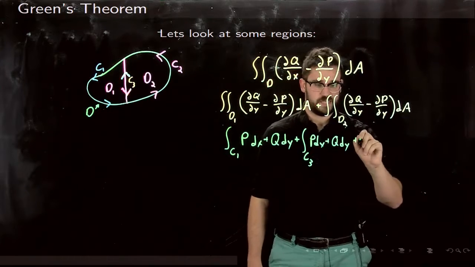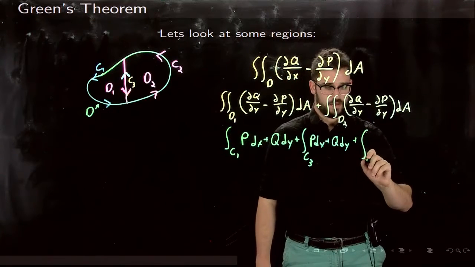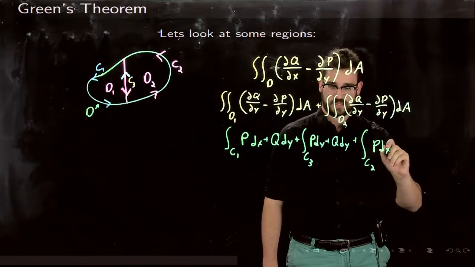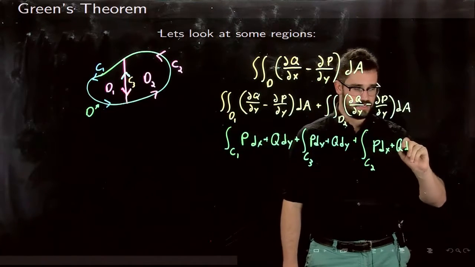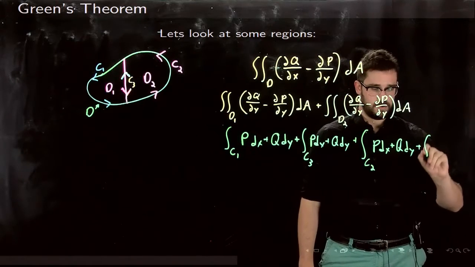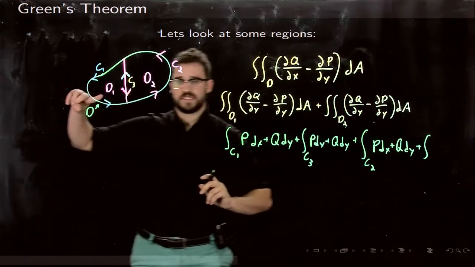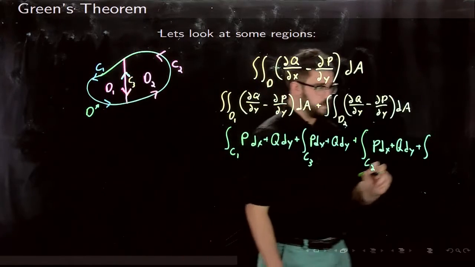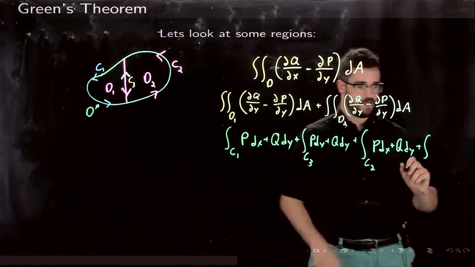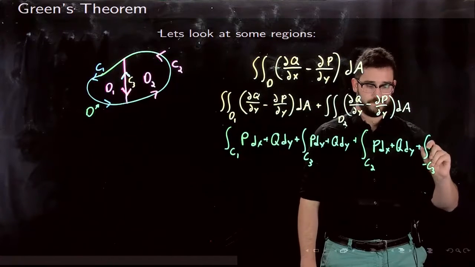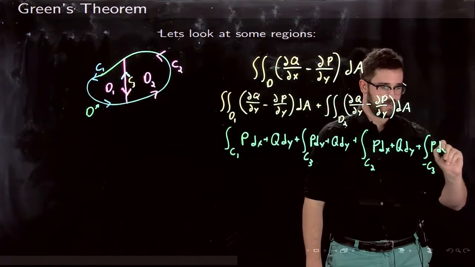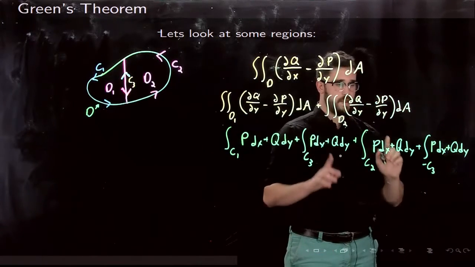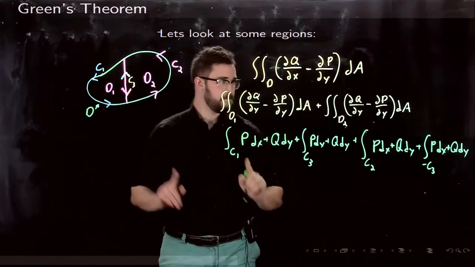Now here, similarly, we'd have the integral over C2 of P dx plus Q dy plus the integral of, now if I'm going to set my C3 to be going like this, then we would be going along the negative of C3, P dx plus Q dy. Now, here's the trick.